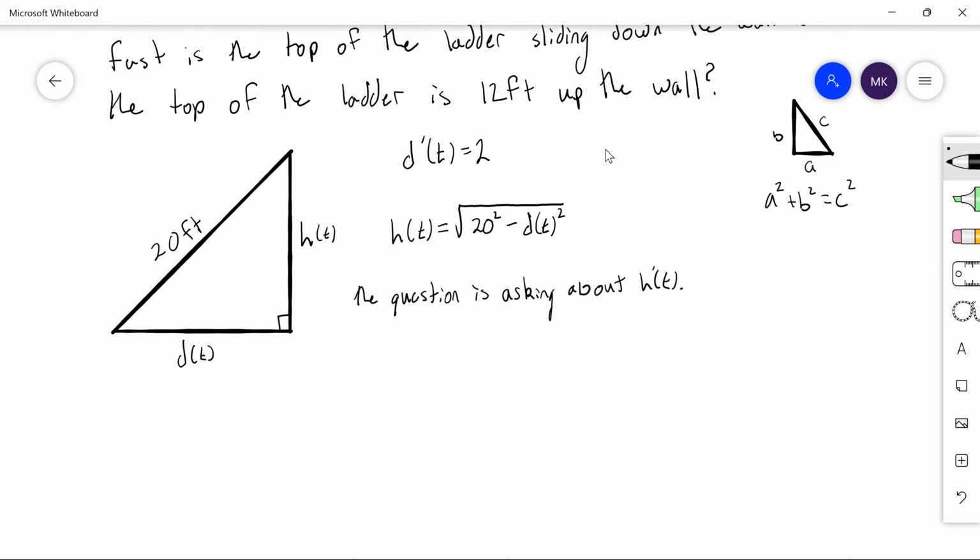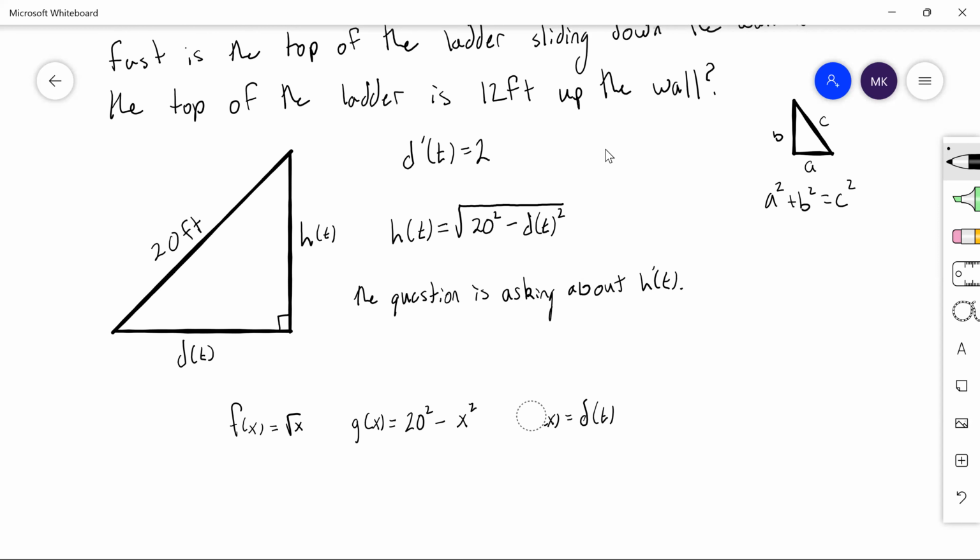If I wanted to break this out and show every different thing that we have, I could say f of x is the square root of x, g of x is 20 squared minus x squared, and then h of x is just d of x.